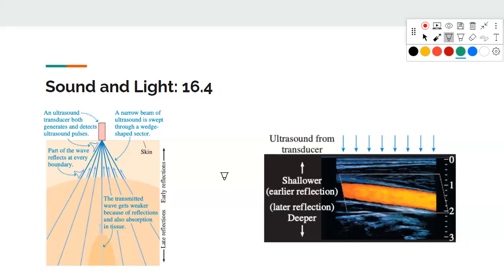And so you may have heard of this in terms of Snell's law if you've taken high school physics, and we'll certainly talk more about that. But it's also true in the context of sound waves. And so you can see this is an example ultrasonic image where we get some reflection at this first boundary layer, and we can measure how long that takes to get how far away that is.